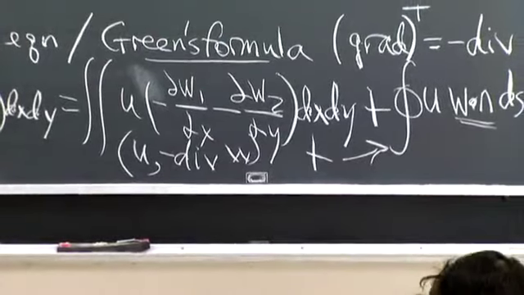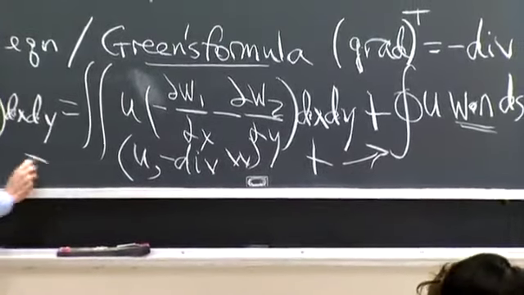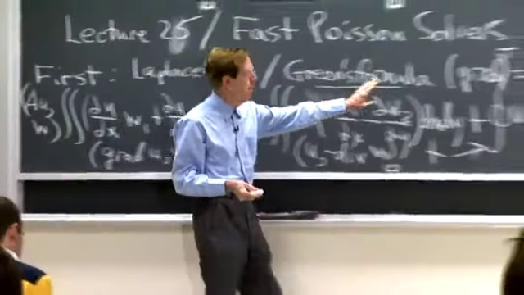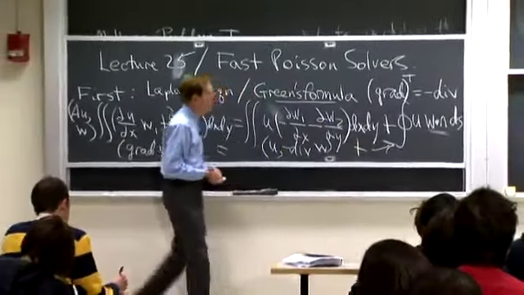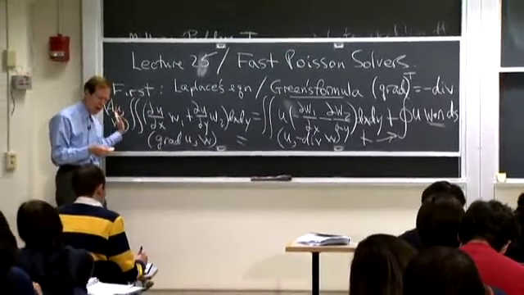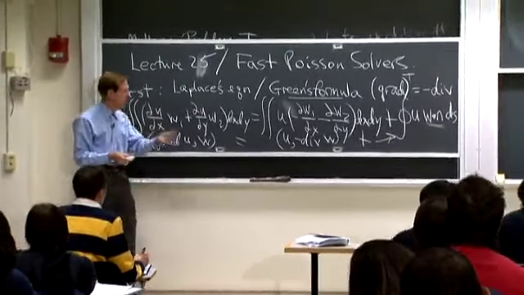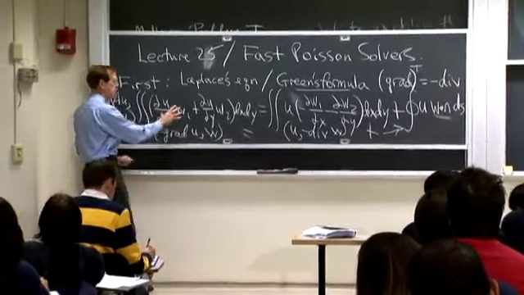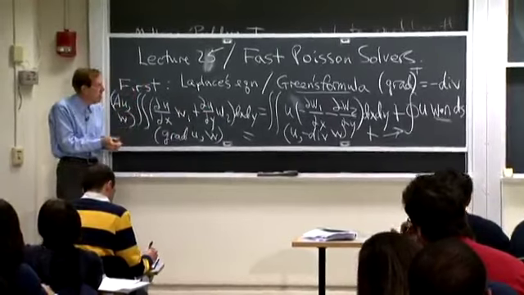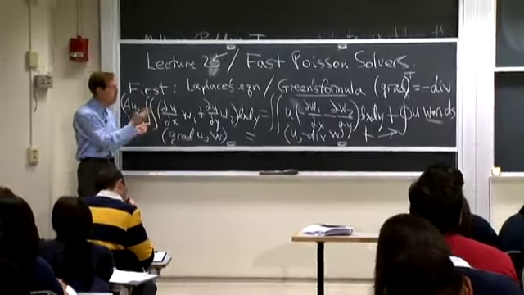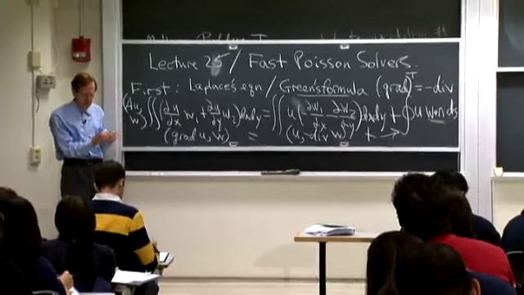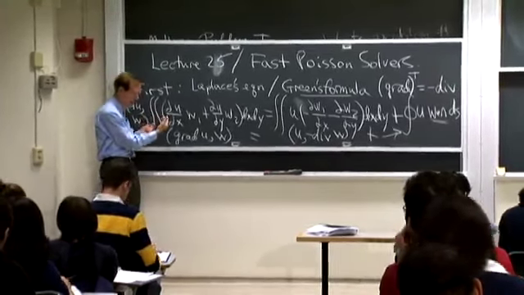Okay. So this is why I allowed myself this gradient transpose equal minus divergence: to see that if A is the gradient, then A transpose will be minus the divergence, and this shows the integration by parts that makes that true.